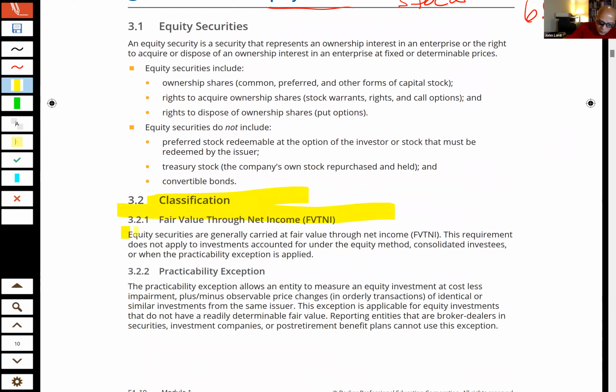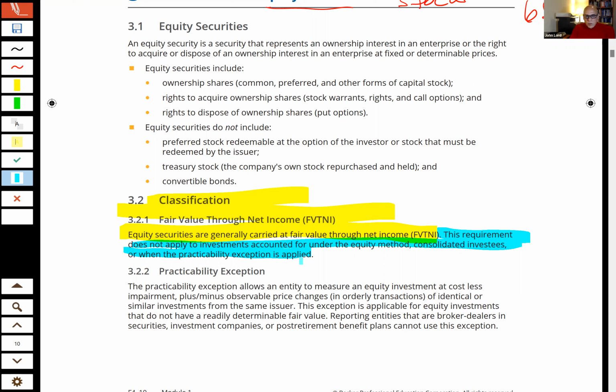This is the case for stocks unless we have gone past a certain ownership significant influence threshold that we'll talk about later when we get into the equity method. Then we would use the equity method unless, as we saw, the company had decided to use the fair value through net income. So for most stock investments, we're going to use this fair value through net income, unless we own a certain large amount of stock, then we would move to the equity method.